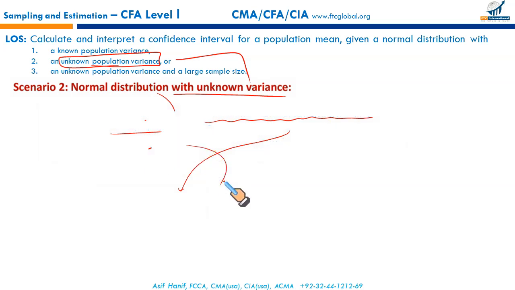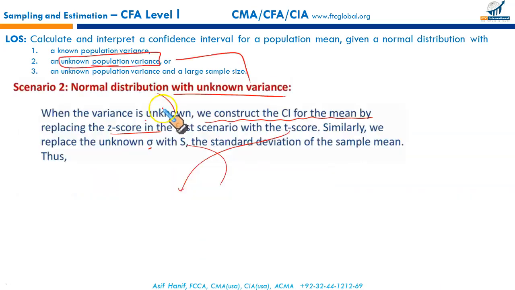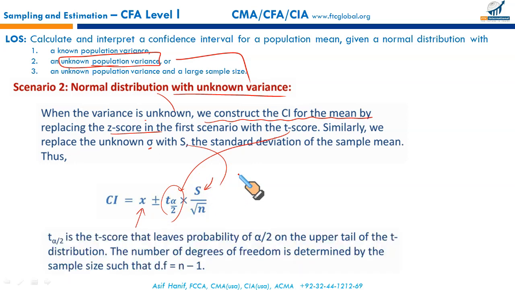If you compare these two, you will see that they are almost the same, just that z has been replaced with t and the population standard deviation has been replaced with the sample standard deviation. This is your point estimator here, and this is where we use the t-distribution, as we'll see. And then here we have used the standard deviation of the sample. How it is used, all is coming. Just have patience. We'll discuss.